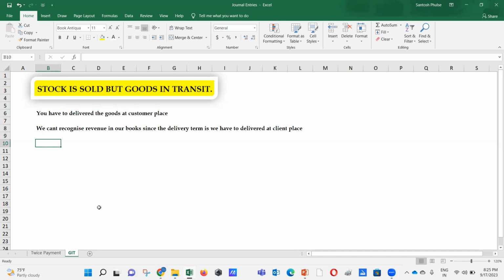Whenever you book the revenue, the entry is customer account debit, and revenue, or you can say the sales account, credit.